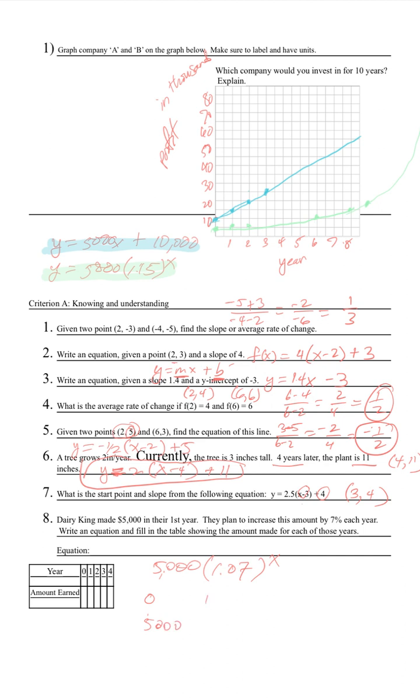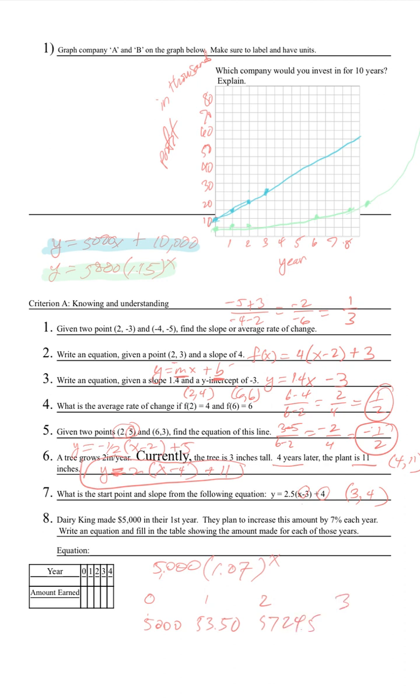At 1, you have to type in your calculator: take 5,000 times 1.07, 5350. 5350, no decimal point here, it's 5350. At 2, times 1.07, it's 5724.5.